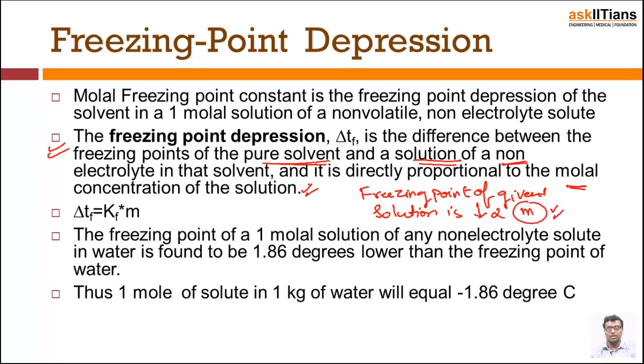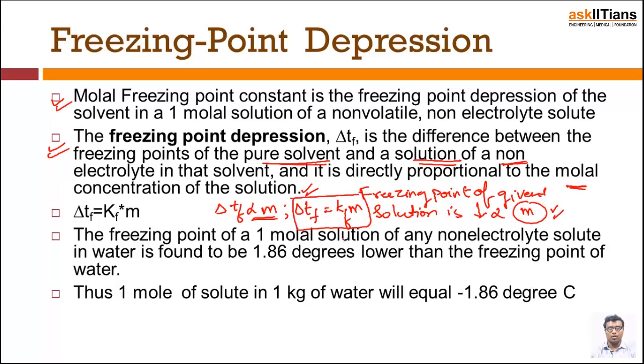So you get delta Tf directly proportional to the molality of the solution. The constant here will be Kf, where Kf is the molar freezing point constant. So delta Tf will be Kf into m.